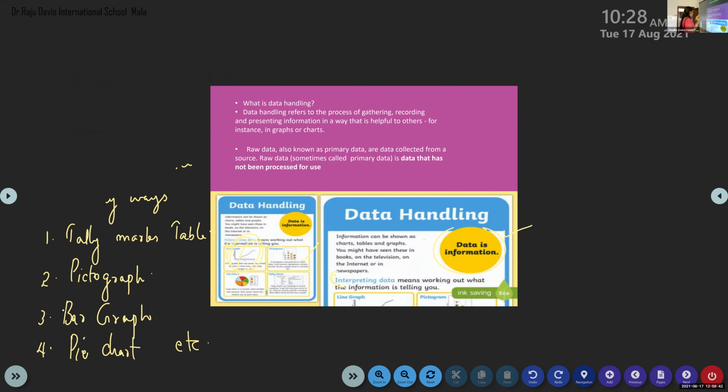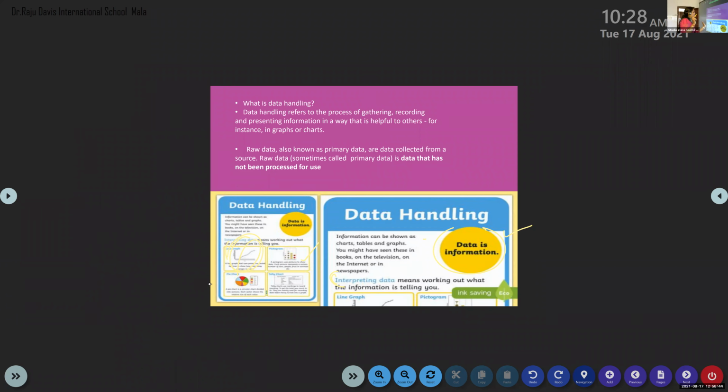What is interpreting data? Before drawing a pictograph, you have to interpret. Interpret means find out what information is given in the graph. Some questions will be there, and you have to answer those questions. Interpreting the data. Should we write this? Yes.